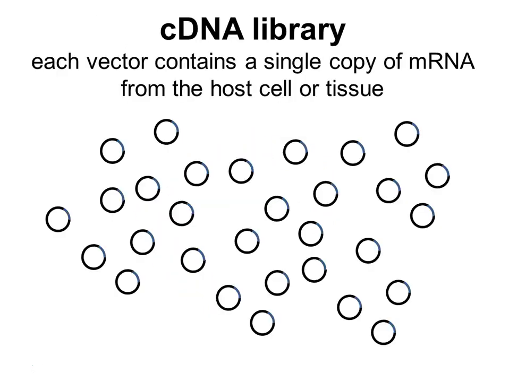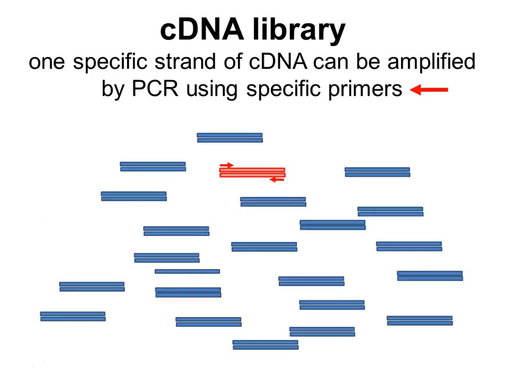And remember, because we're creating a library, this will happen for every copy of cDNA that we've made, and so we're going to end up with a unique vector containing unique cDNA representing every mRNA that was present in the cell at that time. The other option is to do PCR.